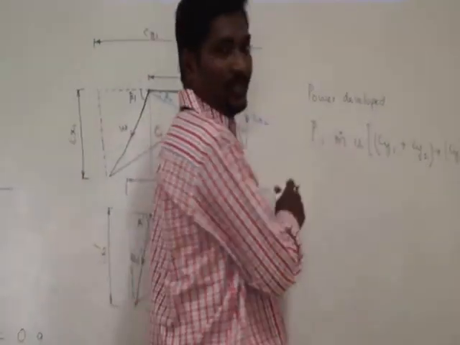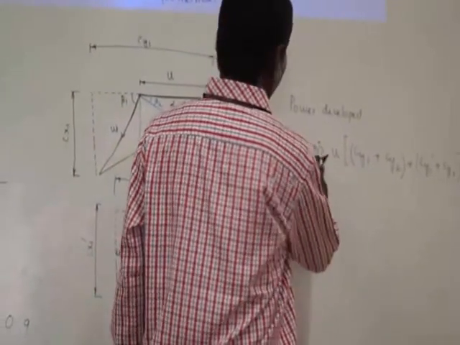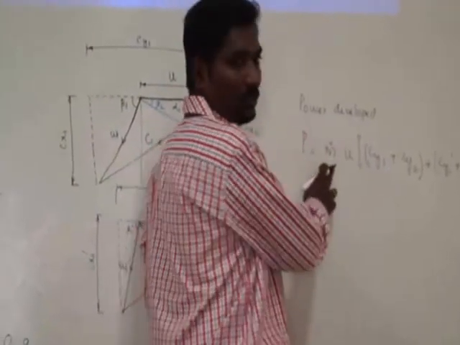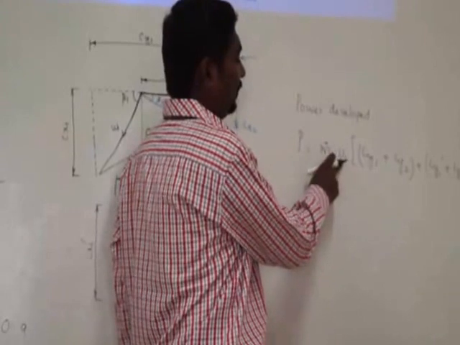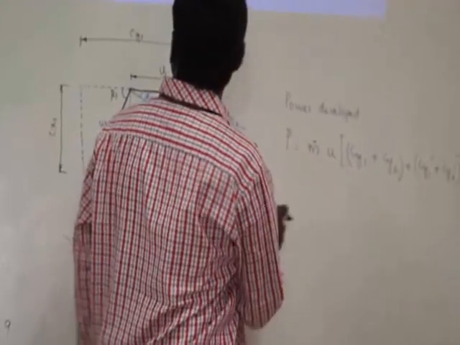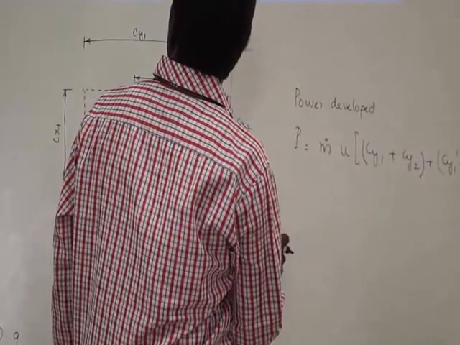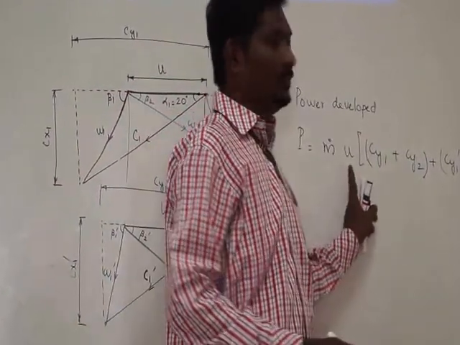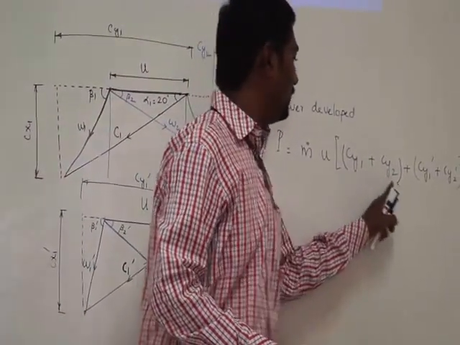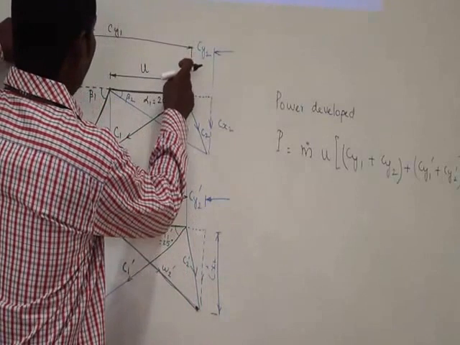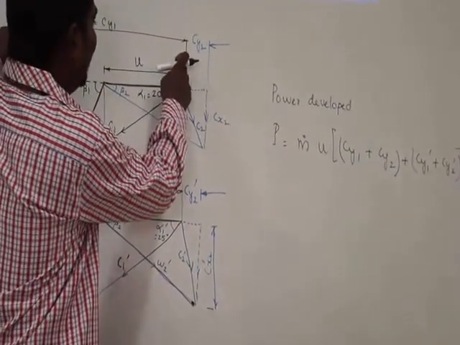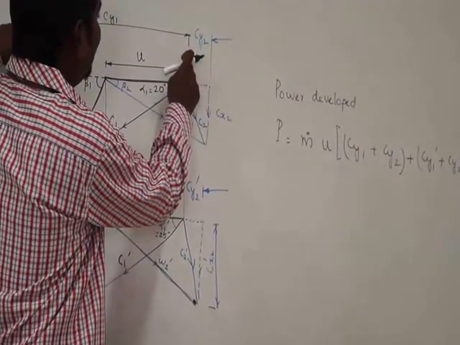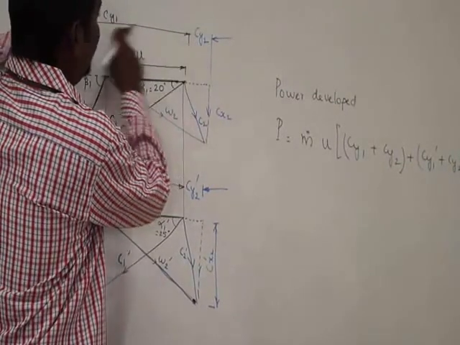In this case, the mass flow rate for this problem is given as 4 kg per second, and we can substitute and calculate. The blade velocity is also specified in the problem, 125 meters per second. C1, C2, you have to calculate from the velocity triangle for the first row of the moving blade. You can find C1 and C2.